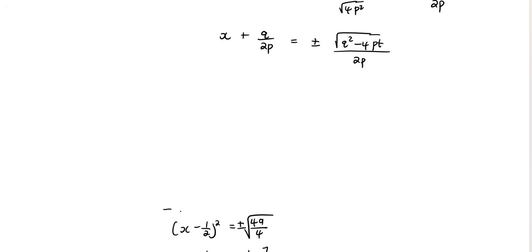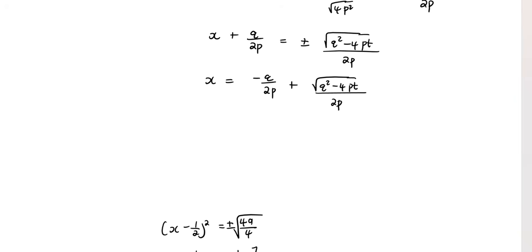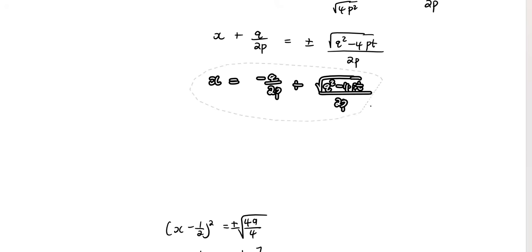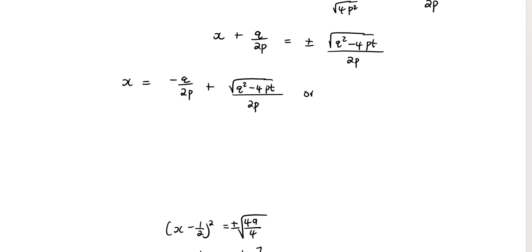Okay, so now let's see what we can do here. x is equal to negative q over 2p plus the square root of q squared minus 4pt over 2p, or x equal to negative q over 2p minus the square root of q squared minus 4pt over 2p. Remember, we said plus or minus.